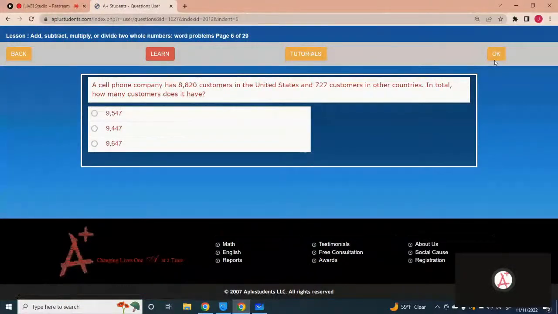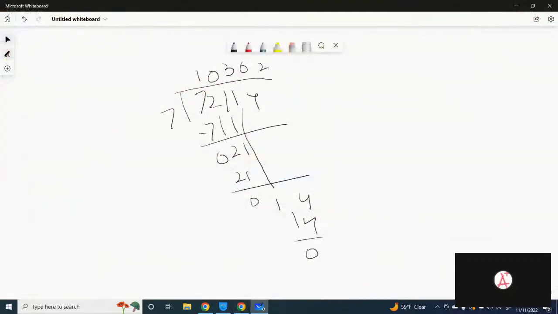Okay, a cell phone company has 8,820 customers in the United States and 727 customers in other countries. In total, how many customers does it have? You have to add: 8820 plus 727.